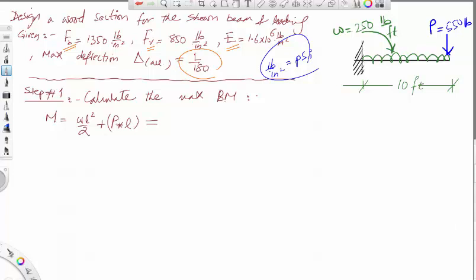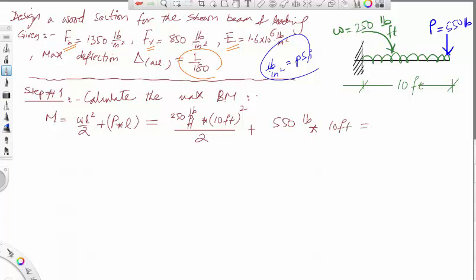Now if you look at the diagram here, you will see the W or omega is equal to 250 pounds per foot, multiplied by L, which is 10 feet, squared, divided by 2, plus P, which is given as 550 pounds, multiplied by the length, which is equal to 10 feet.